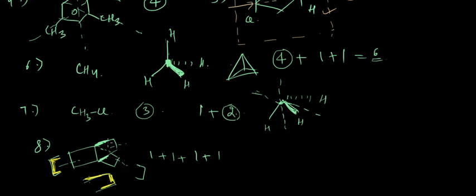The plane which is parallel to the in air carbon atoms, and one plane which is parallel to the last chain which is going inside into the plane. Okay, so total 4 planes of symmetry are possible for this compound.